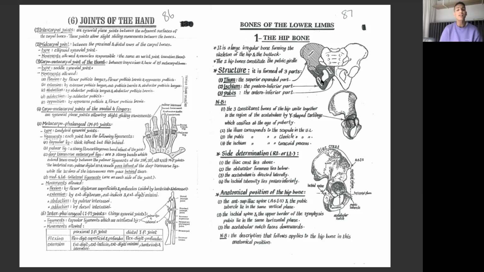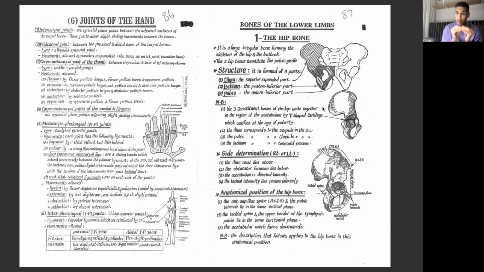Finally, the ischium. The main important points are that it contributes to forming the puboischial ramus, and it also has some parts such as the ischial tuberosity and the ischial spine, which are very important for the attachment of important ligaments, such as the sacrotuberous ligament from the sacrum to the ischial tuberosity of the ischium, and finally the sacrospinous ligament from the sacrum to the ischial spine of the ischium.